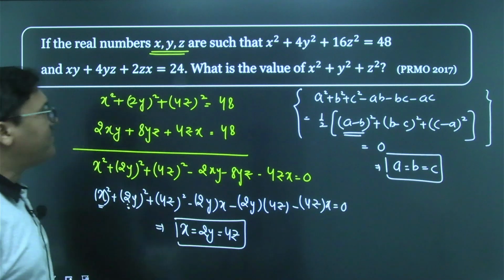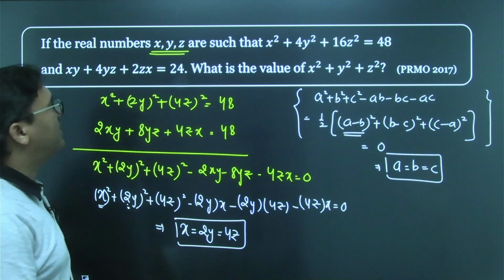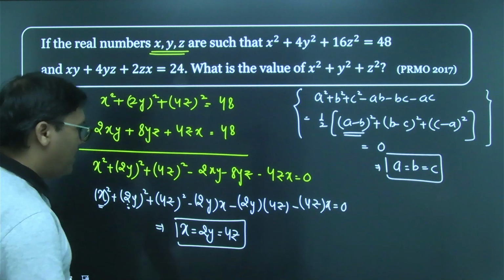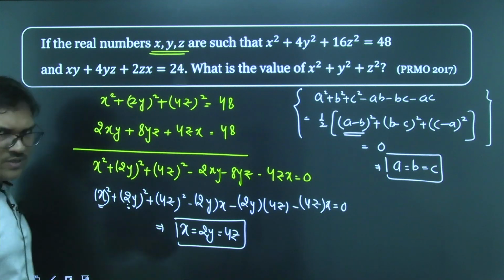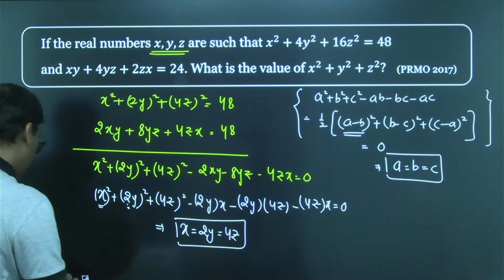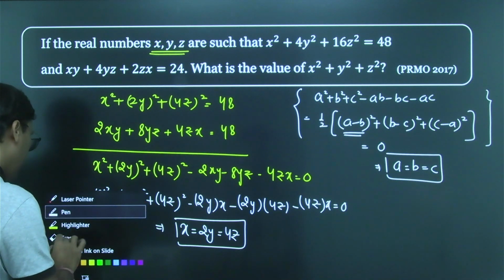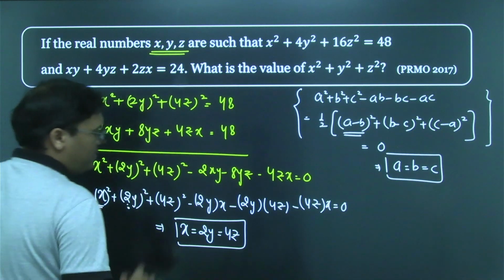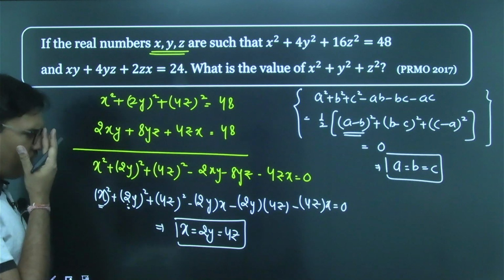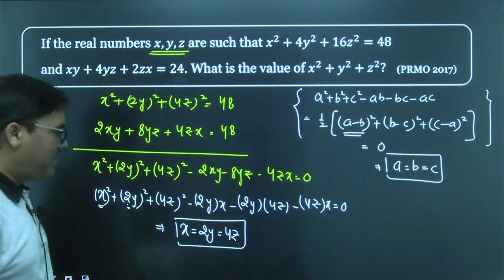Now, what do you have to find? You have to find the value of x square plus y square plus z square. Now you can see how to find it from this. So what is the ratio of x, y, z?